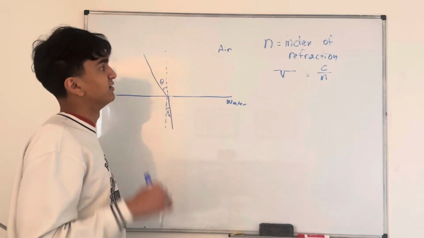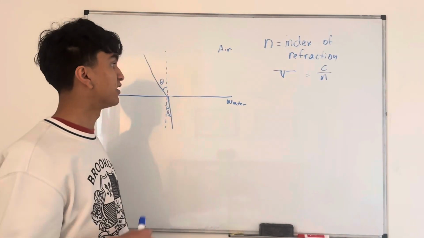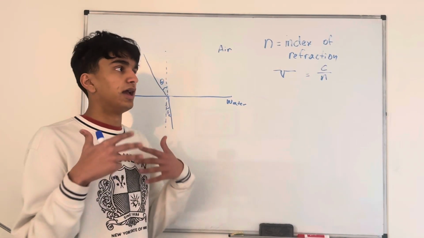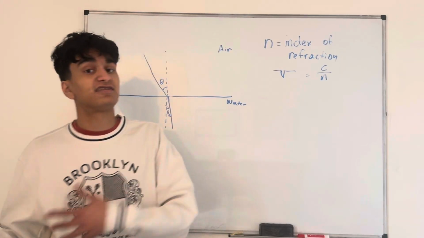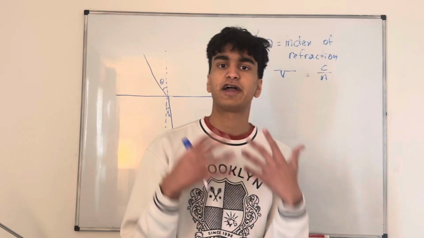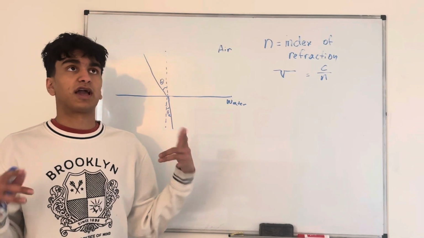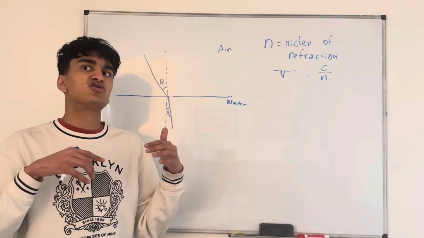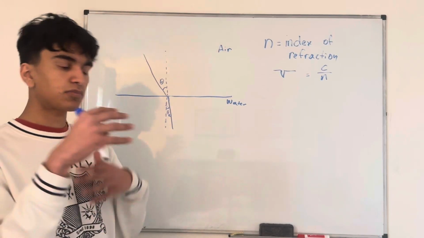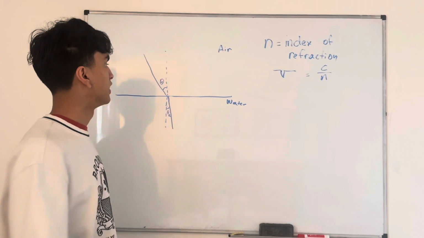I don't know. Point is, this n is always going to be greater than 1. The max speed light can go at is in a vacuum, which is c. If you have something less than 1, this speed is going to be greater than the speed of light in a vacuum, which is impossible. So this n tells us how much light slows down. Greater n means greater difference between vacuum speed and the material speed.